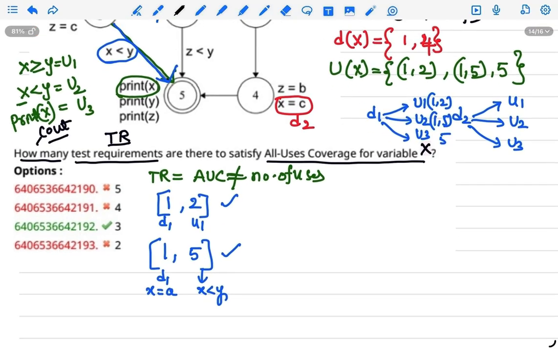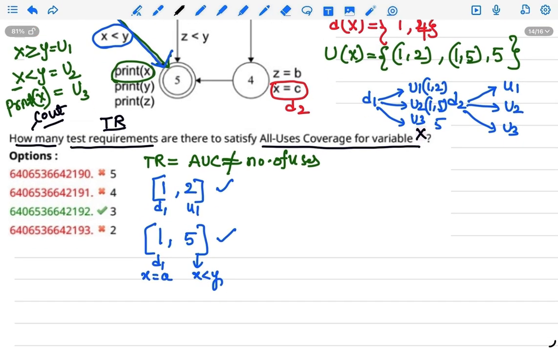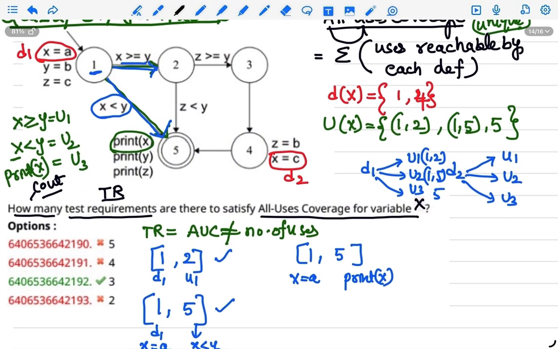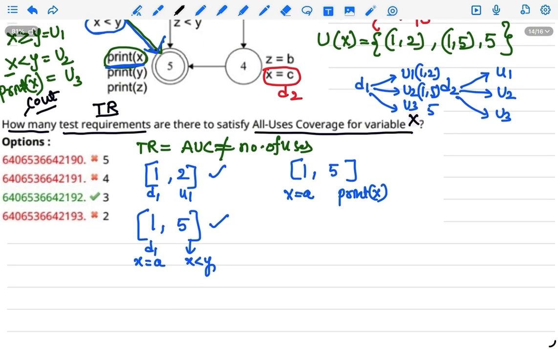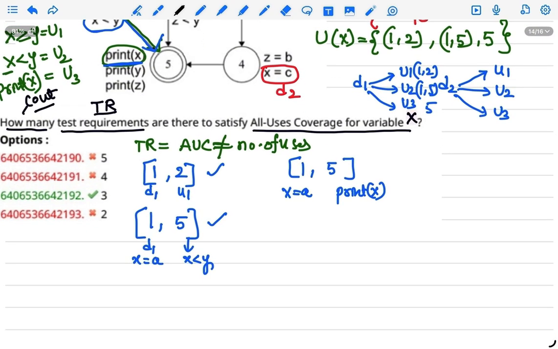Next one is again 1 to 5, that is x equals a, and here the use is print x. So print x is also used. Let us check whether this is a correct path or not.